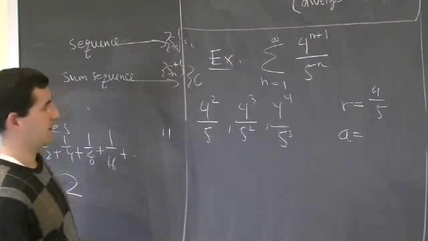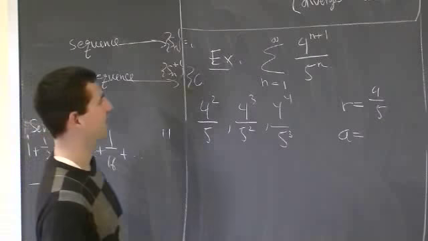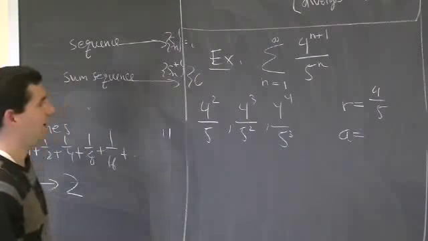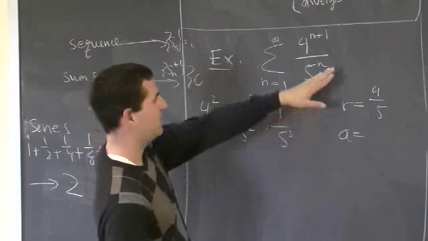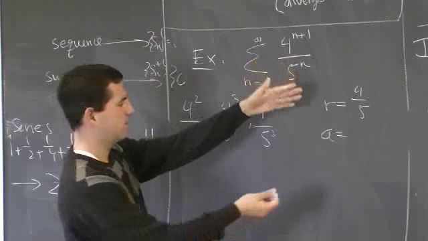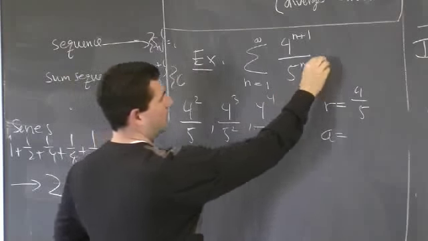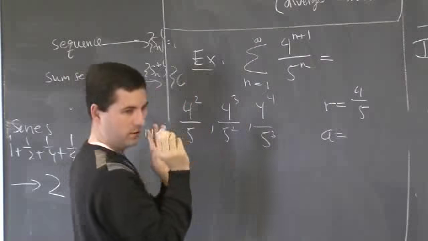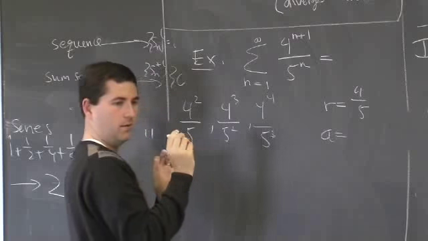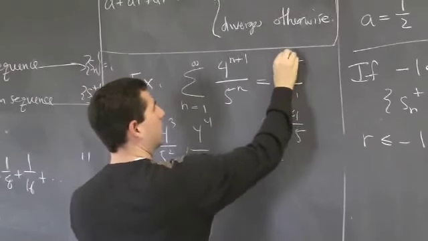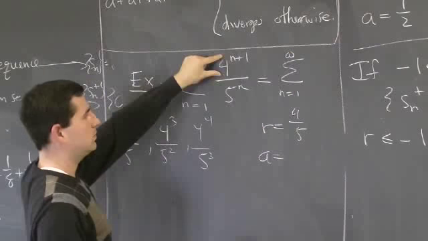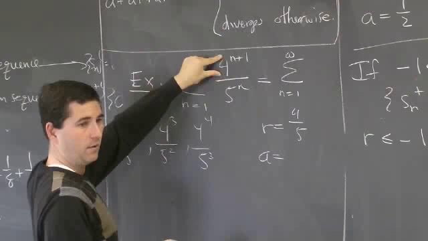Well, we've got to be careful here. Why do I have to be careful? The way I want to write this, I guess it's probably right, but I want to make it really clear what's going on. So I'm going to pull one of these 4s out.